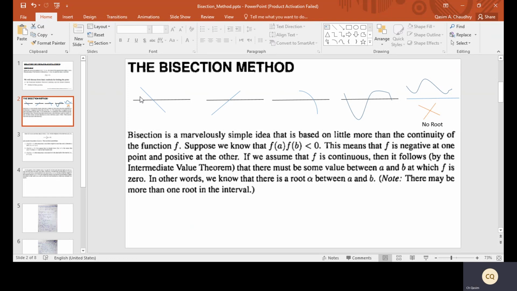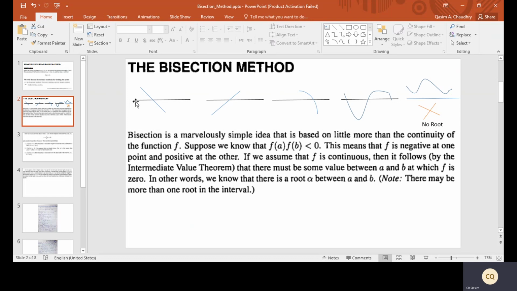Now the question arises: what does it mean if we have an equation and we say that f of x is the function, and it becomes 0? Where it becomes 0, it means it will touch the x-axis.